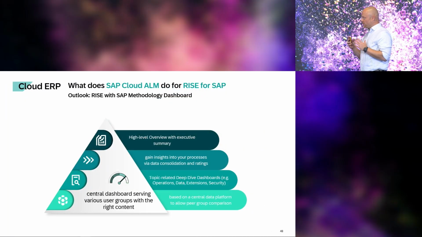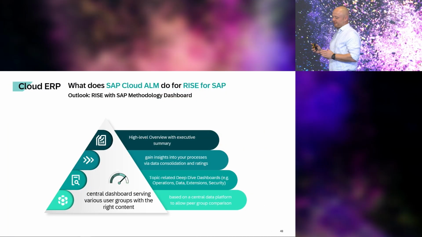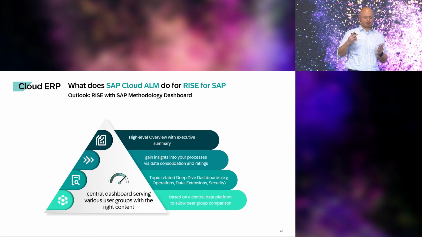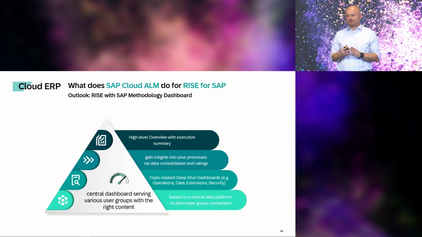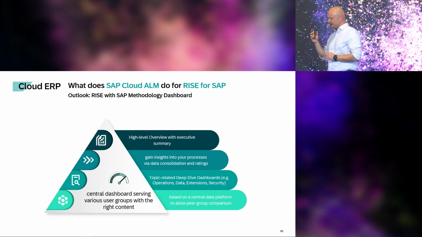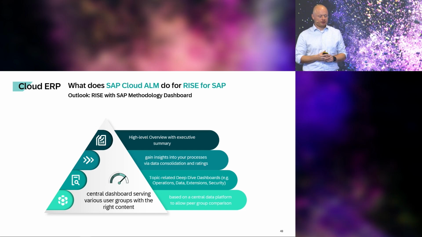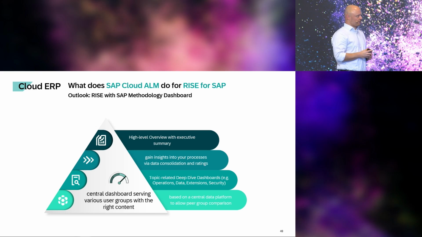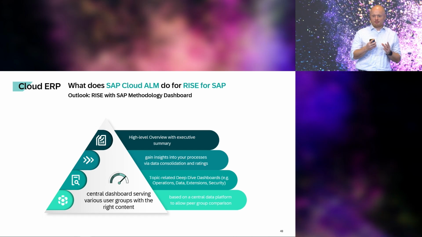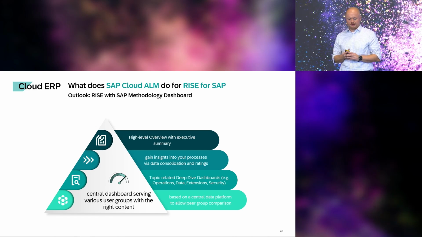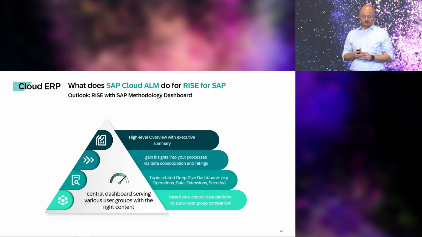So the overall goal is that we have, maybe, the Clean Core pyramid or Rise with SAP pyramid. So really a dashboard that is also serving different personas in an organization, starting with the executive who gets a summary of the Rise with SAP contract, but also a summary on the different clean core dimensions that Priti also talked about.